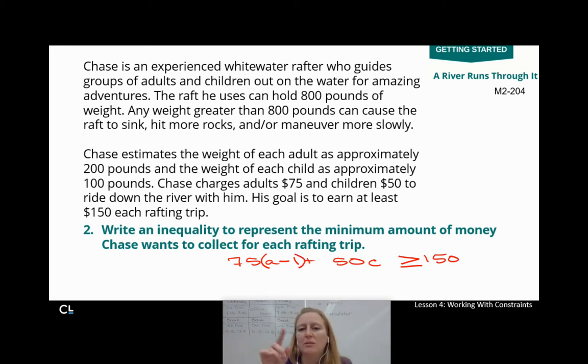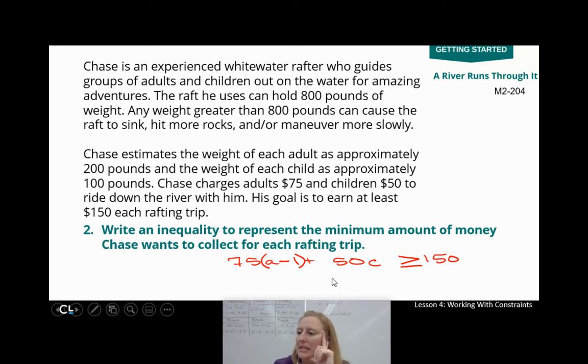I need him to be one of the adults in the raft because he counts for the weight. But I don't want him to count for the money because he's not charging himself to go down the river. So for the money inequality, I realized, oh, crud, I need to subtract out Chase. So I put a little -1 for the adult money.